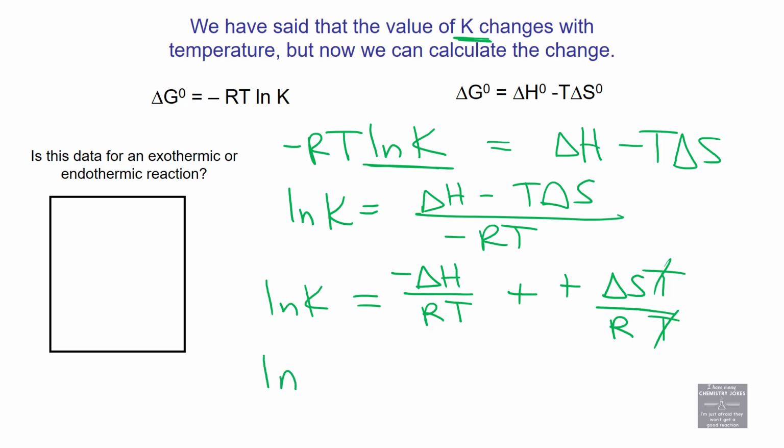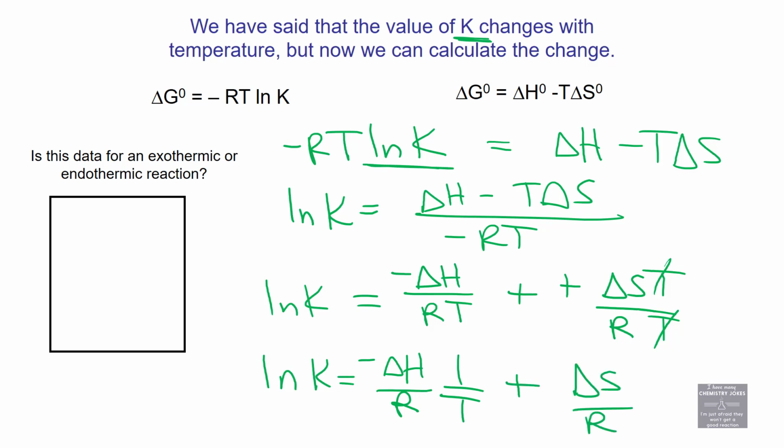I'm going to write it one more way: ln of K equals negative delta H over R times 1 over T plus delta S over R. This equation is called the Van't Hoff equation. You don't have to know the name of that, but sometimes I have called it by name.